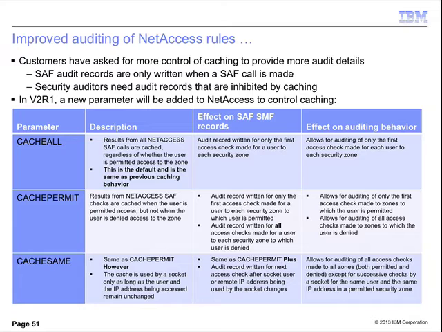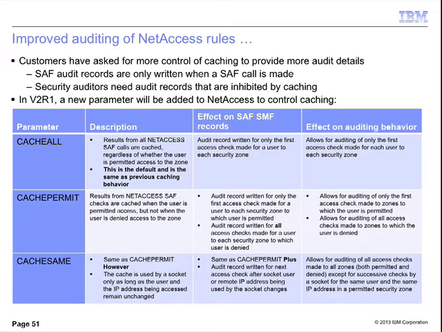So if you look at this table, the very top row, the default for this function will be cache all, and that will be the same behavior as you've had in previous releases, which says that we call RACF the first time, but then assuming that we were permitted access to the zone, we don't go back again.